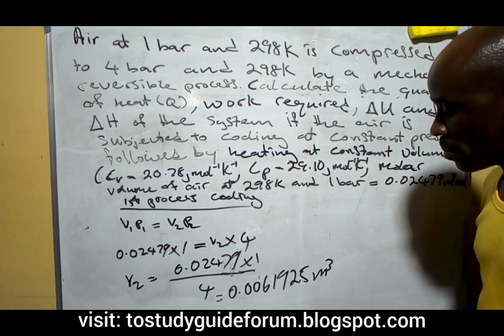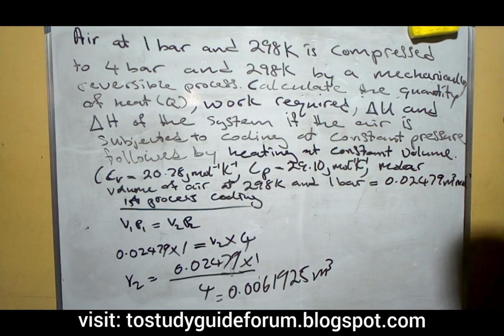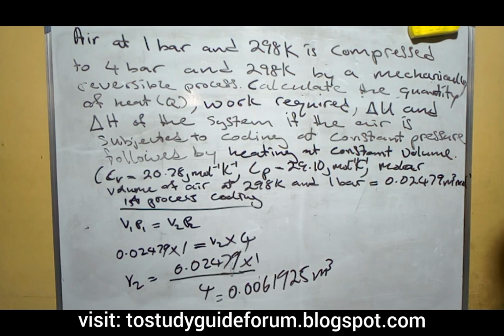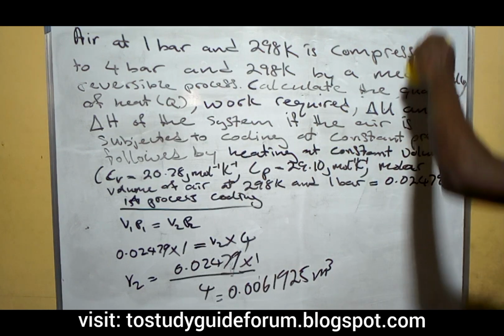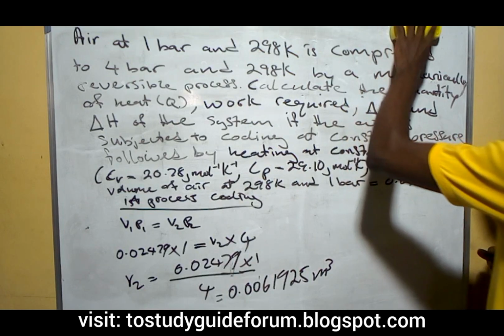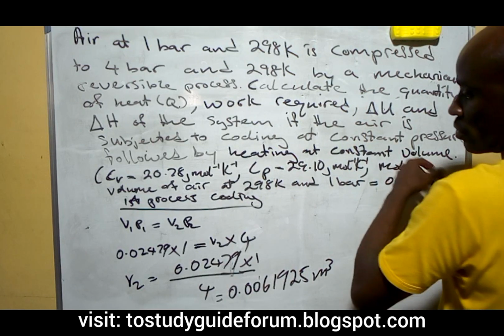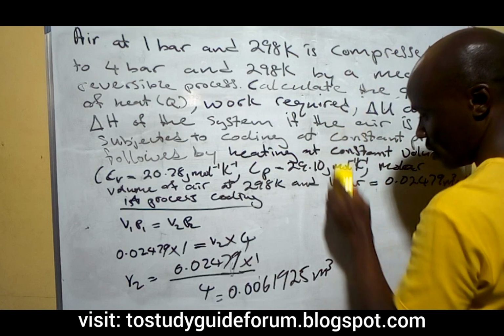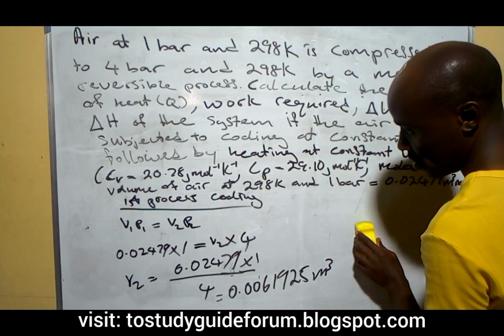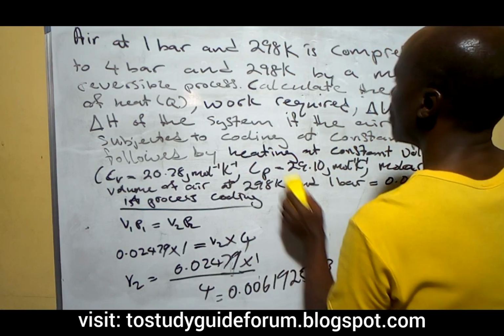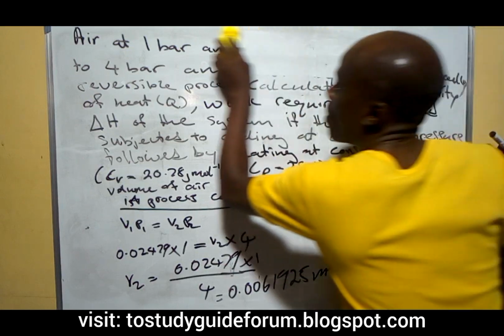This is the volume. Then the next thing we are going to do here is to find the temperature in the first process, the final temperature of the cooling. Where do I put this in now? Okay, let me clean up.